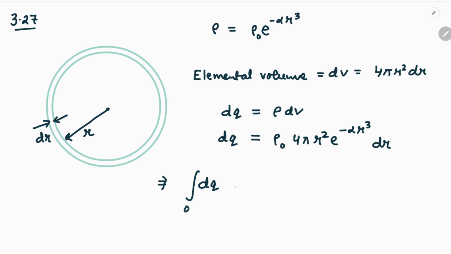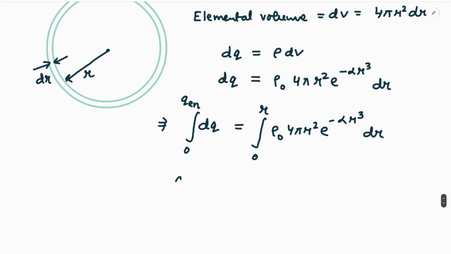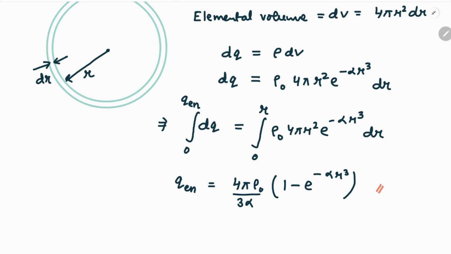From a region of radius r equals zero to a distance r, we will get the enclosed charge in this region, and on solving this integral we obtain the value of enclosed charge as 4 pi rho naught by 3 alpha times 1 minus e to the power minus alpha r cube. So this is the expression that we obtain, and a very important part for this problem.